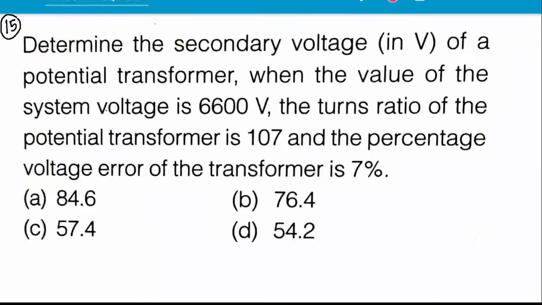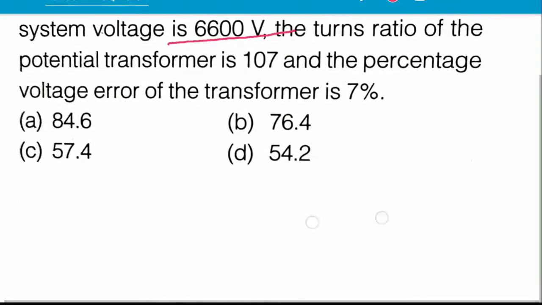Next question, determine the secondary voltage in volt of a potential transformer when the value of system voltage is 6600 volt. The turn ratio of the potential transformer is 107 and the percentage voltage error of the transformer is 7%. So here the turn ratio is 107 and percentage error is 7%.